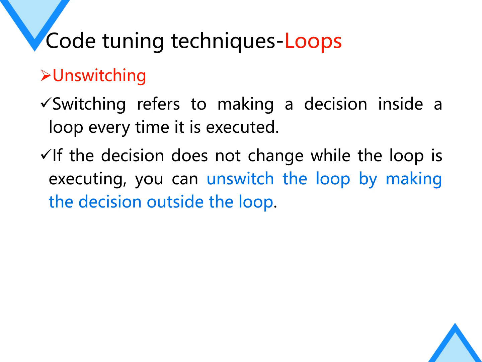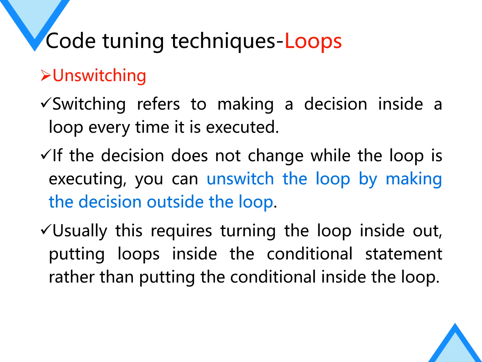The simple practice is that if the decision inside the loop is not changing every time, we put the decision statement outside the loop. This technique is called unswitching. So we are going to unswitch the loop by making the decision outside the loop.